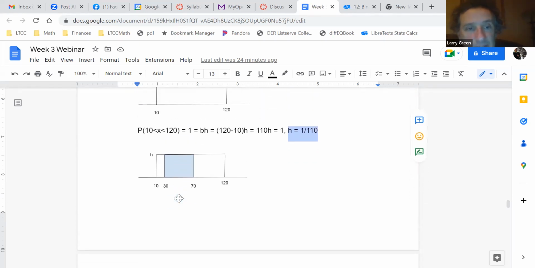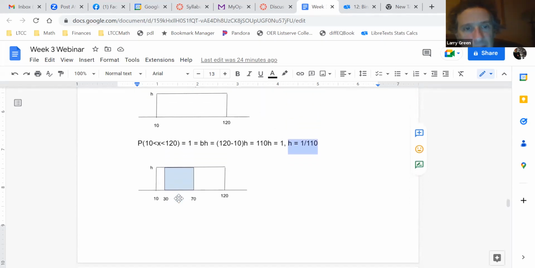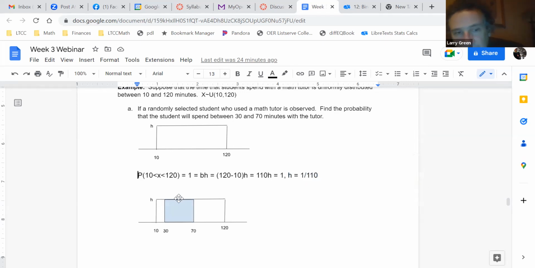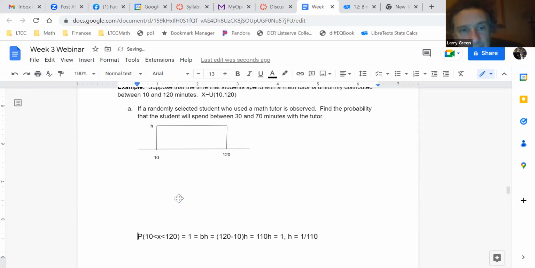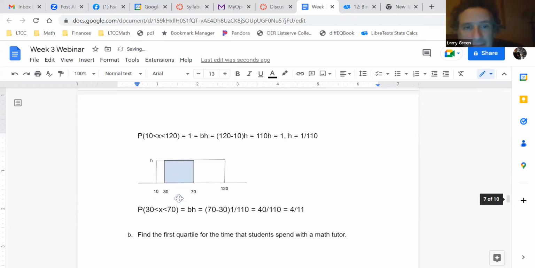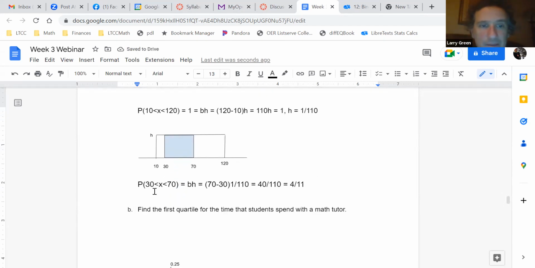Okay, so let's do this. There, that way we can see it on the screen. So the probability between 30 and 70 is base times height. This base from 30 to 70 is 70 minus 30, times the height, which we already calculated was 1 over 110.